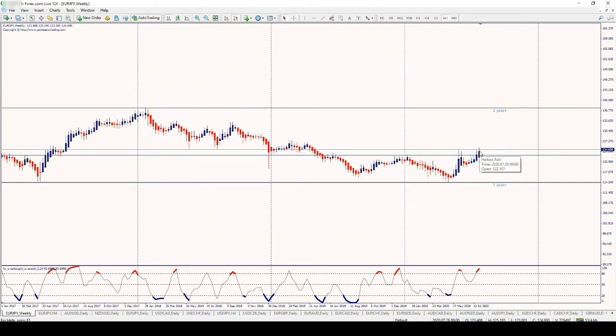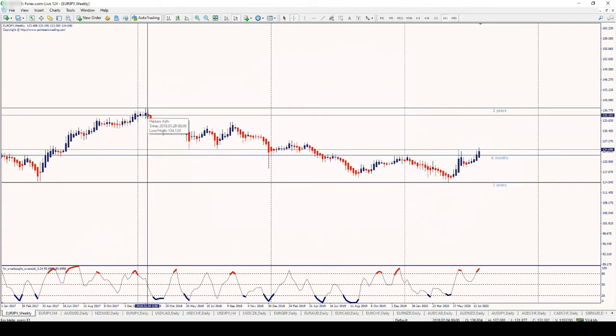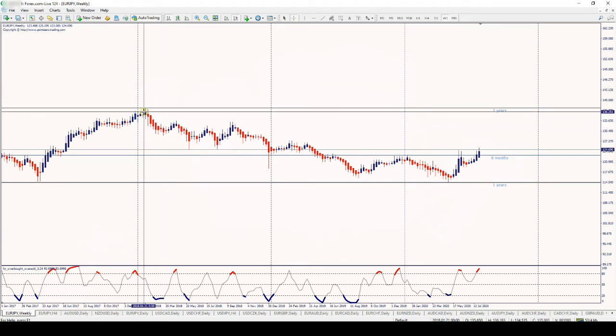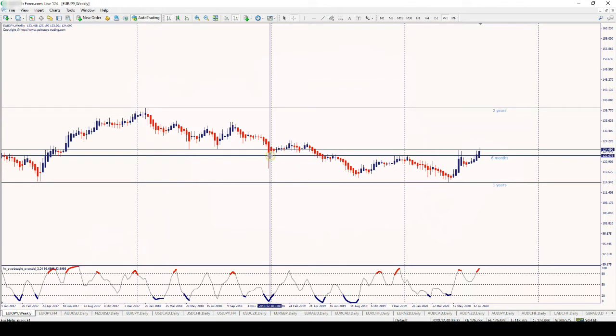For instance, if you go back to 2018, let's just start right here, and you see price bounce right off this level of support, of resistance, right? So price came all the way down to this level of support to begin 2019.